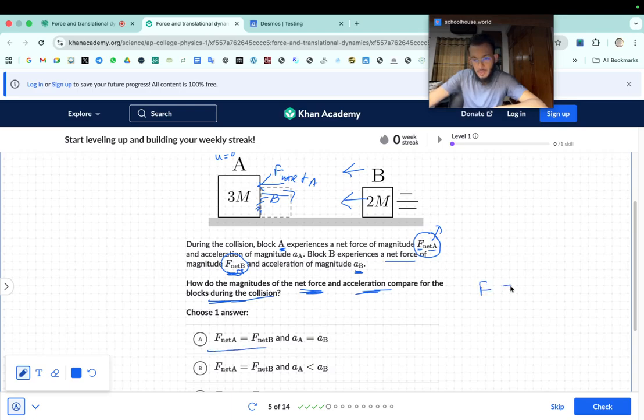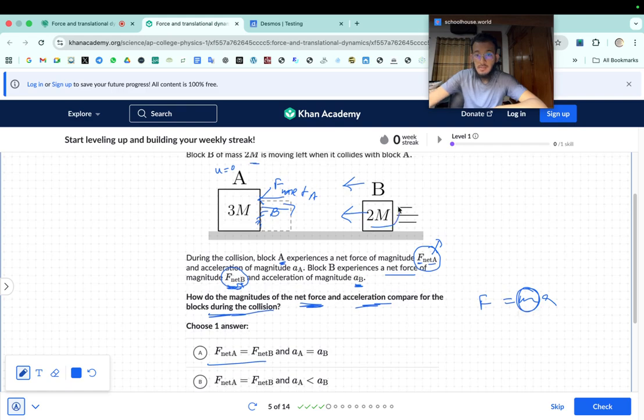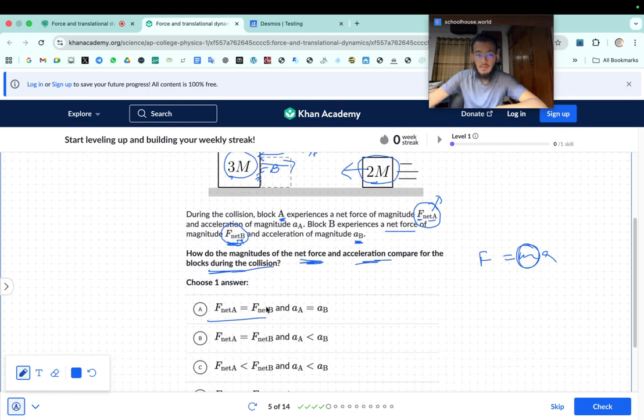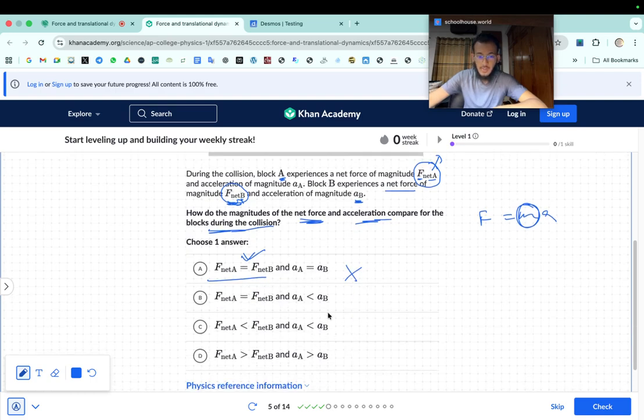And because we know that F equals m a, and the mass remains constant, but they have different mass, even if the resultant force is the same, because they have different mass, they will have different acceleration. If they had the same mass, then we could have selected this. Now we can cancel this too, and we can select B directly because we don't have any other choices.